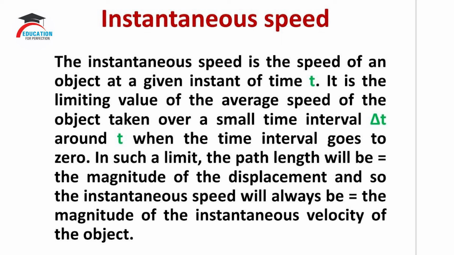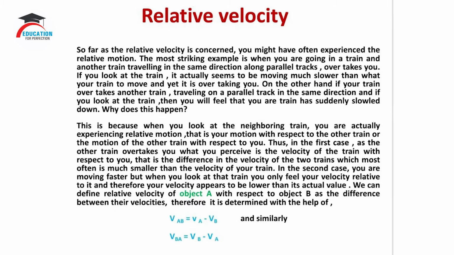In such a limit, the path length will be equal to the magnitude of the displacement, and so the instantaneous speed will also be equal to the magnitude of the instantaneous velocity of the object.